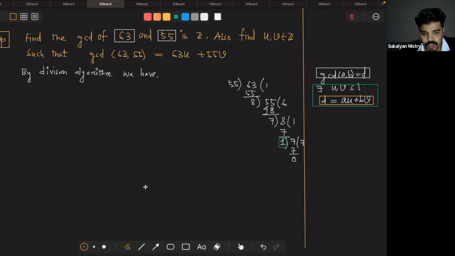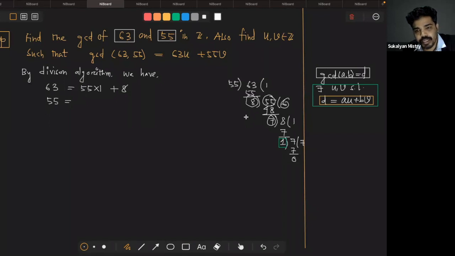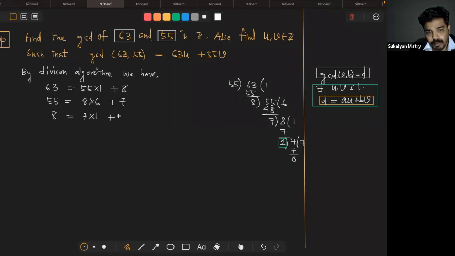So GCD will be 1, right? So therefore by division algorithm আমরা কি লিখব, 63 is equal to 55 into 1 plus 8. 55 is equal to 8 into 6 plus 7. 8 is equal to 7 into 1 plus 1. 7 is equal to 1 into 7 plus 0.